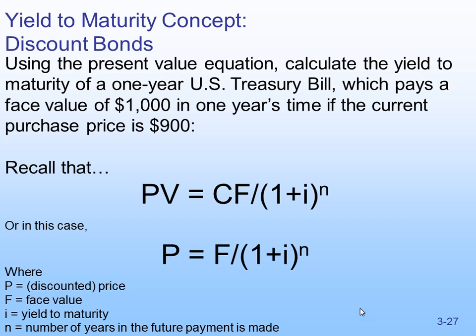Remember that you use this equation. Now in this case, the present value is the discounted price. And the face value, or the future cash flow, is what Sophia can trade it in for 1 year from now. You want to figure out, how many years are we talking? 1. And you want to figure out this.